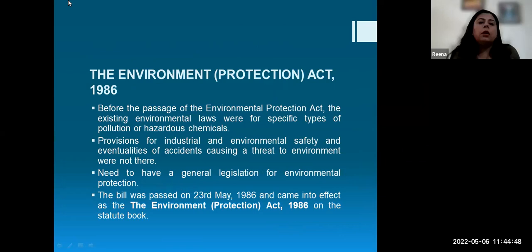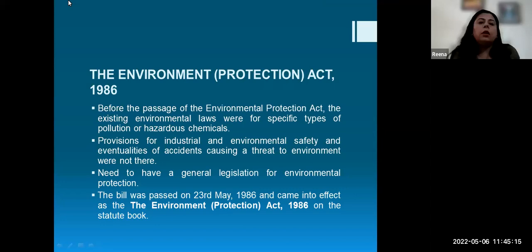It was very pertinent for implementation agencies and decision makers to enact a law which had provisions for industrial and environment safety and any eventualities of accidents causing a threat to the environment, which were not there earlier. The bill was passed on 23rd May 1986 and came into effect as a statute.